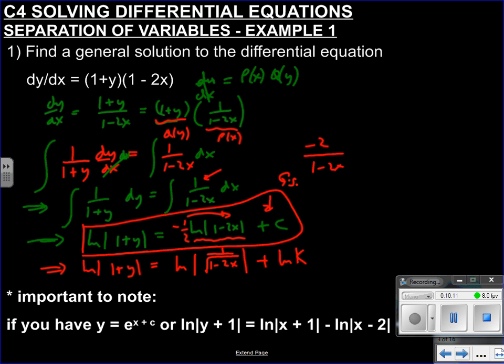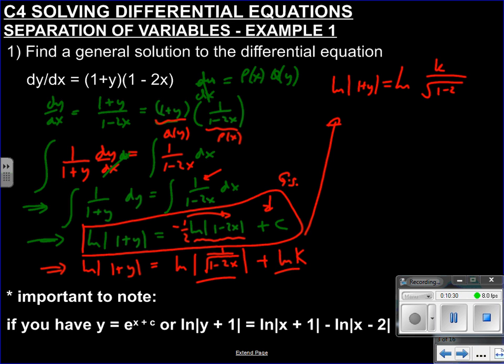So if I carry on over on the right hand side here, you can see I've got ln of 1 plus y, and on the right hand side, this log plus that log, as you know, they times each other. So now I've got k over the square root of 1 minus 2x. You see?